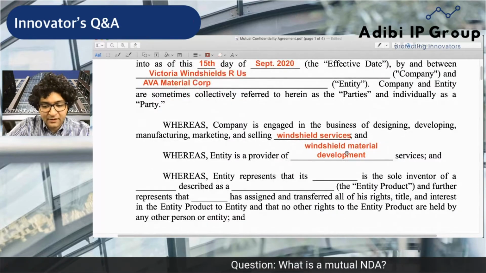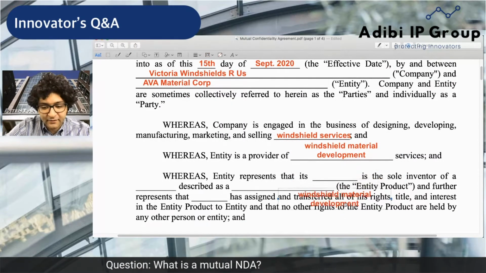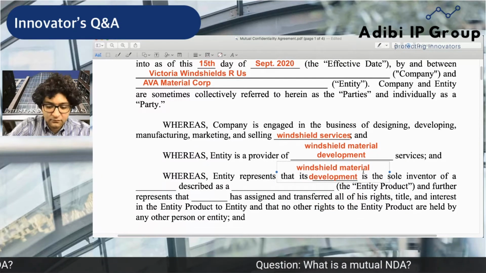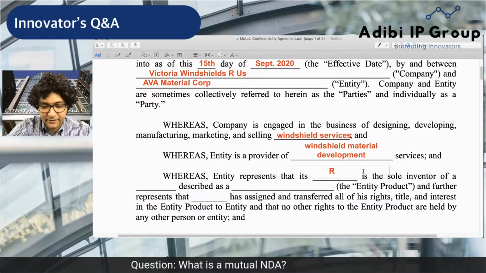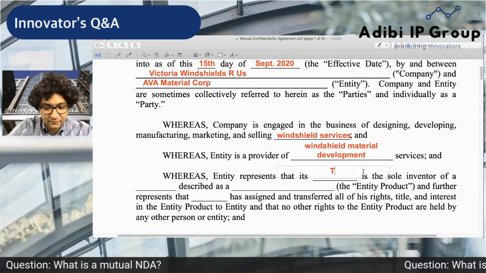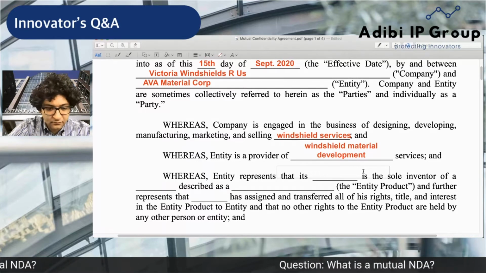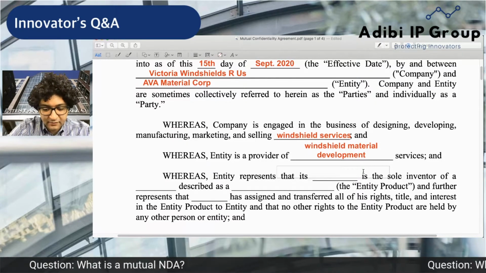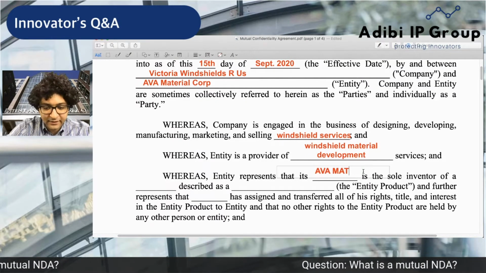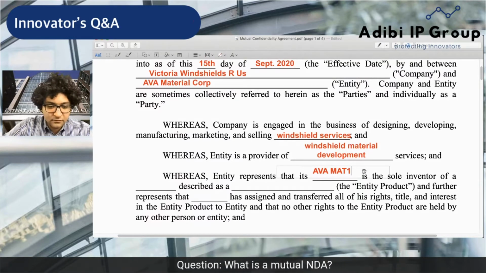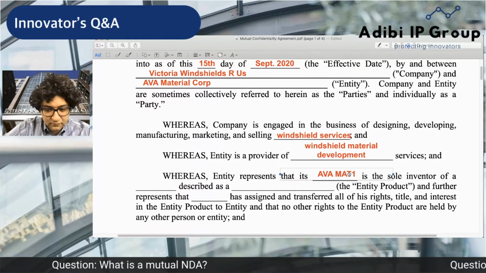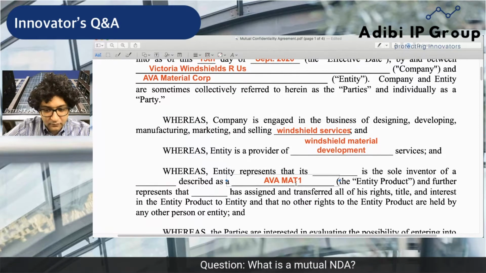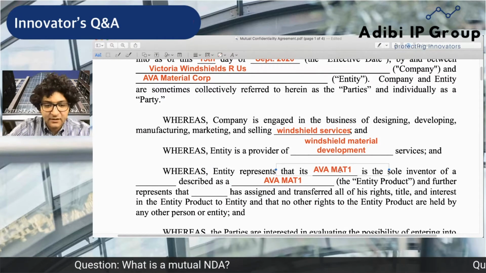So in this example, I've invented something. So I'm the sole inventor. Let's just call it the material. I'm going to give it some code name. I'll just give it my initials, Matt1. This is me.